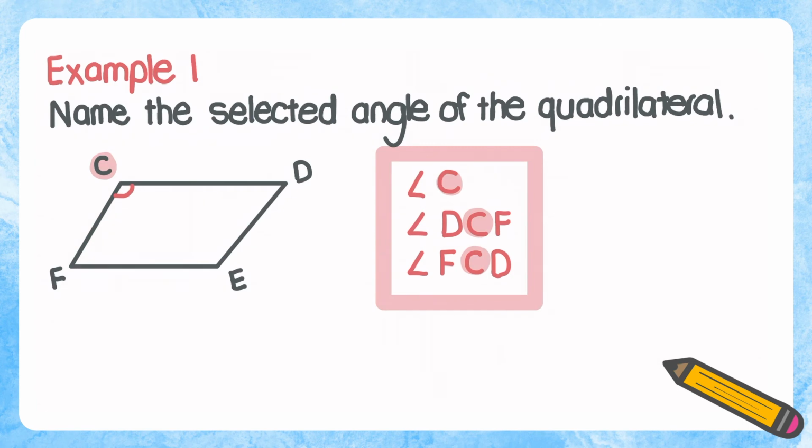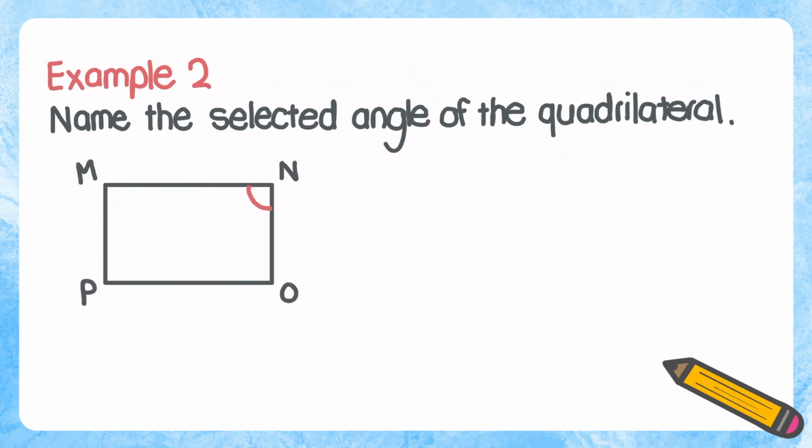So there are 3 ways to name this selected angle. We have angle C, or angle DCF, or angle FCD. All of these are correct ways to name this angle.